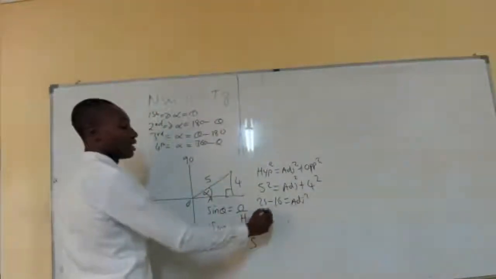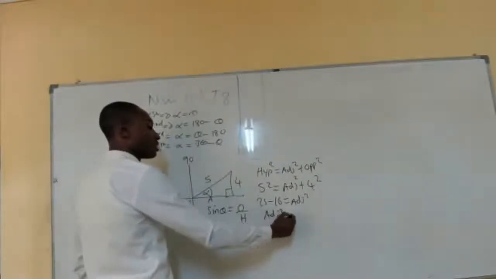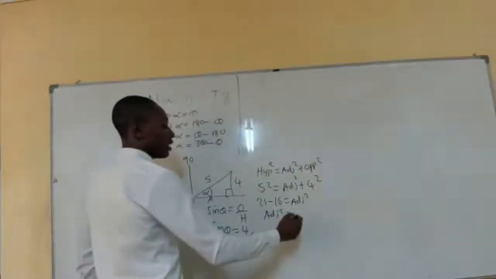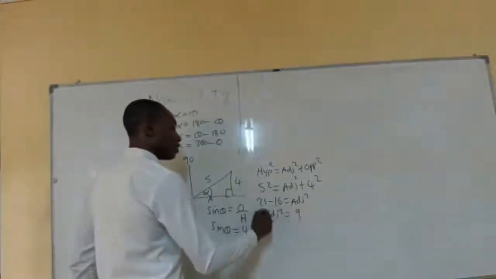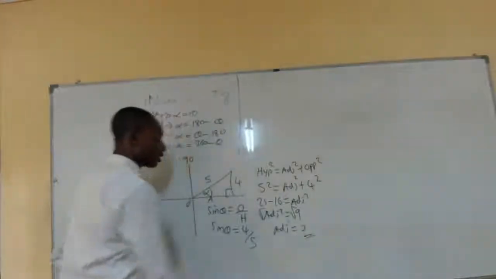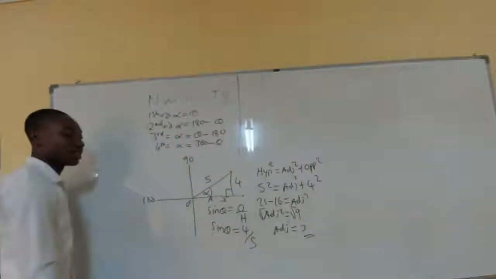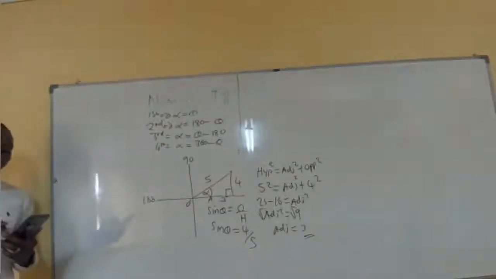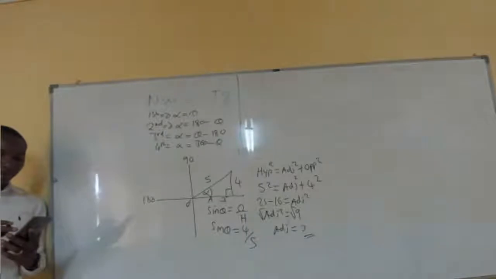Adjacent squared is 9, so the adjacent side is 3. That's how you find that.